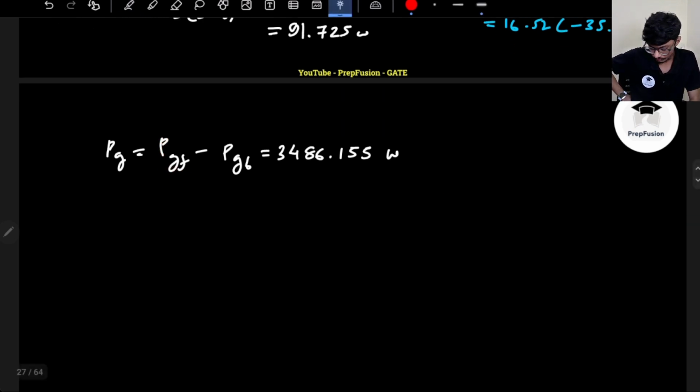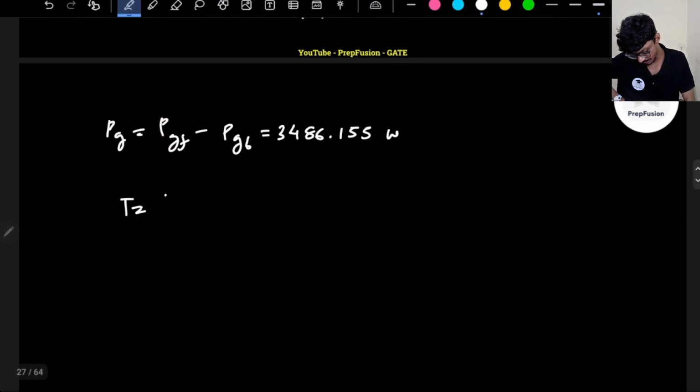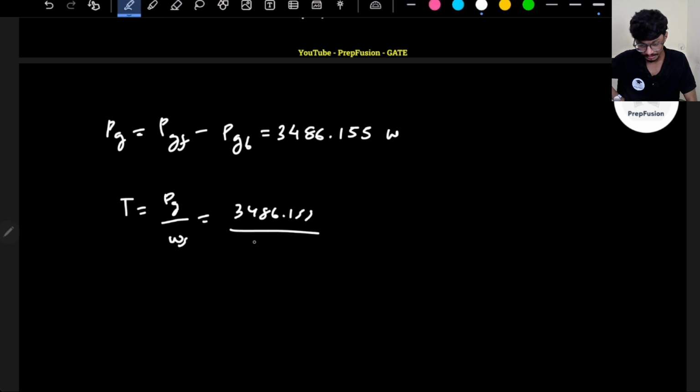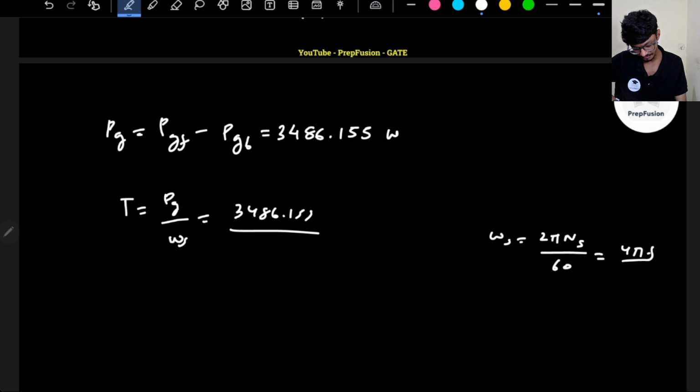Now what is the torque? So torque will be simply air gap power divided by omega s. So this is 3486.155. Omega s, if you remember the formula, I also tend to forget. Omega s is 2 pi ns by 60. Ns is 120 f by p, so it will be 4 pi f by p. So 4 pi into f, 50, by p.